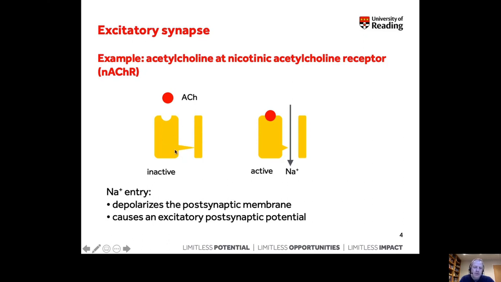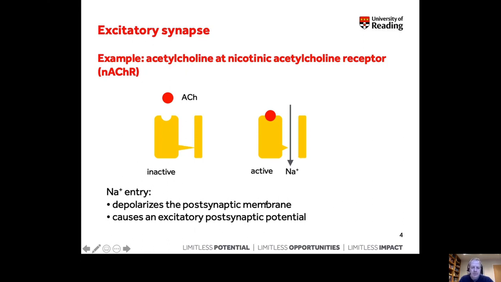They have got a gate, but in the action potential, the gate is opened by voltage. Here, the gate is opened by a chemical, sometimes called a ligand. So you might hear these called ligand-gated channels, and that lets sodium into the cell. So remember that this is different to the action potential. So it causes what we call an excitatory postsynaptic potential.